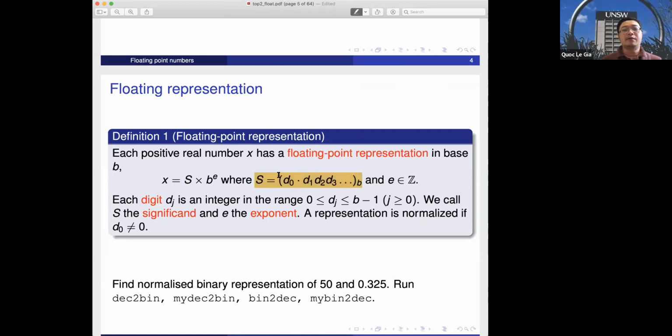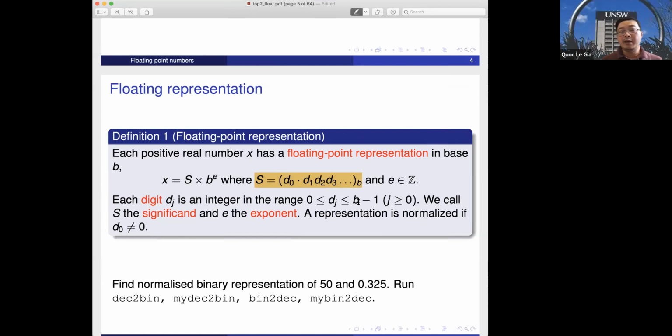Okay, so just forget about the notation, but D0, D1, D2, D3 are just digits, and in the computer they're just binary numbers, I mean, only 0 or 1. But in mathematics, you can give a very general definition.